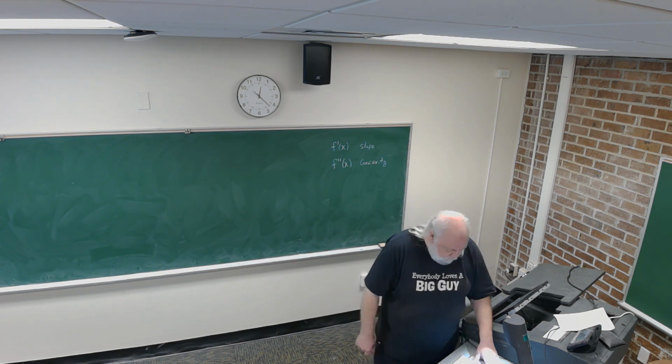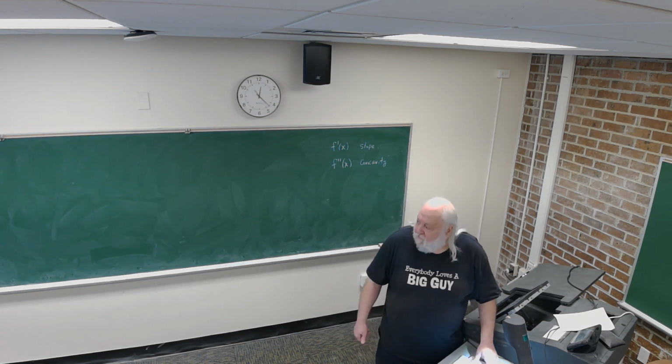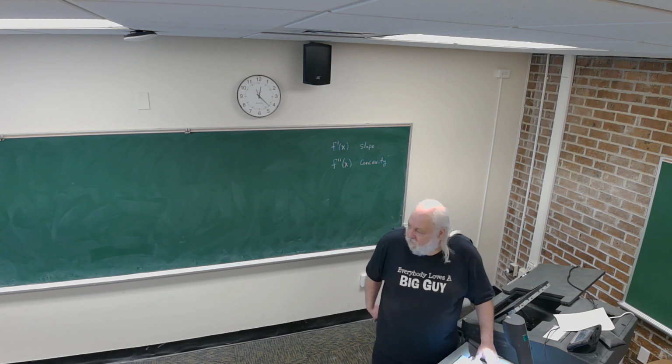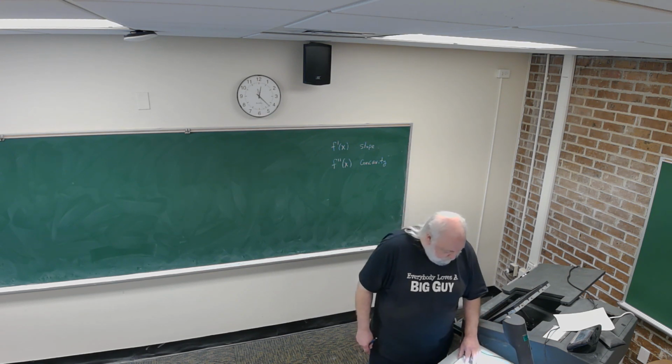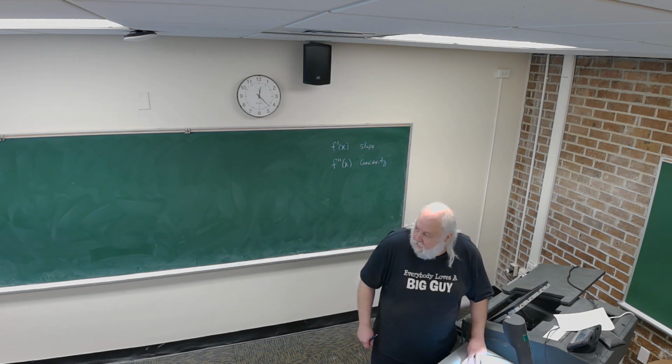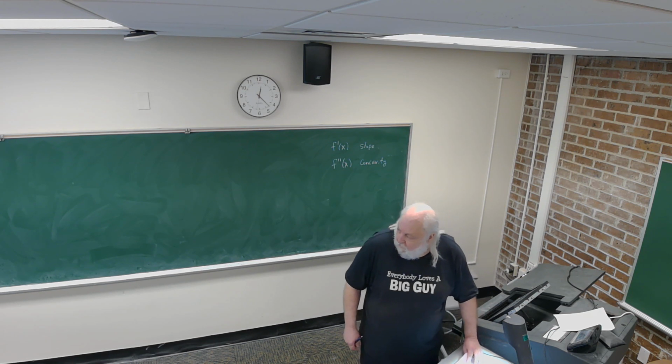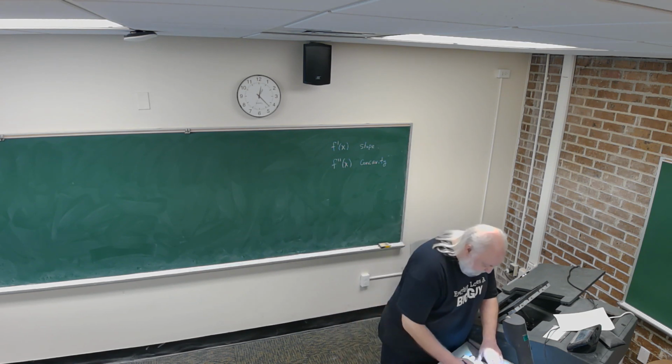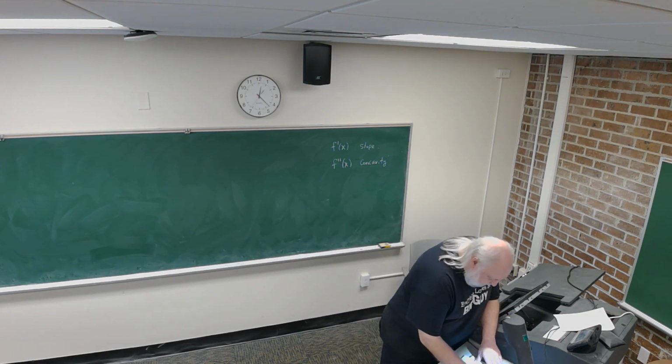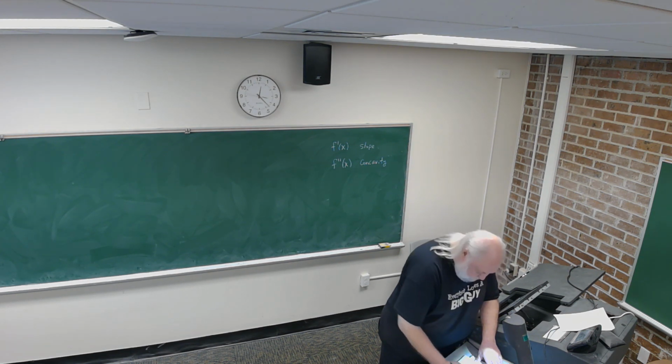In exam 2, I gave you a graph of a third-degree polynomial, and you had to graph the first derivative function. And so, with the graph of this function f of x, you can see here at the top of the hill, the slope of the tangent line is 0. And here at the bottom of the hill, the slope of the tangent line is 0.